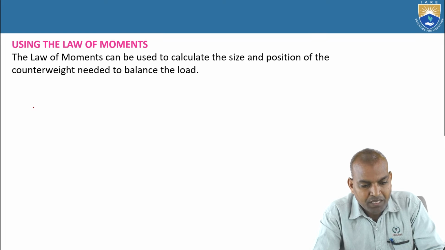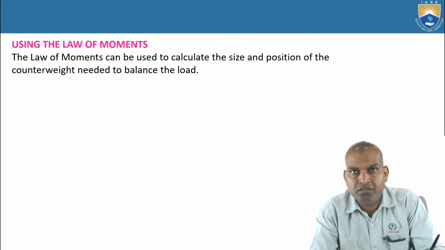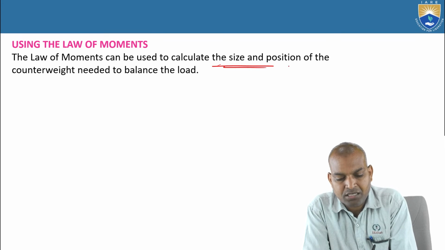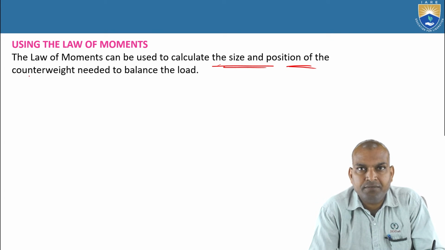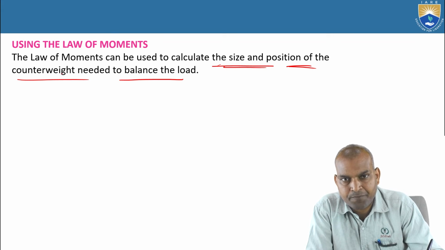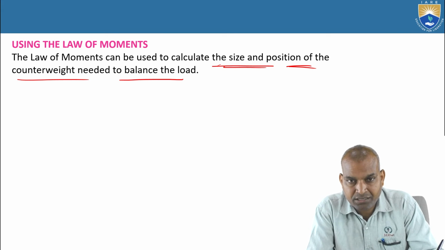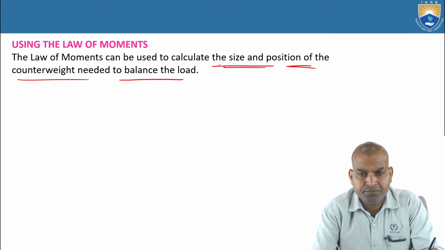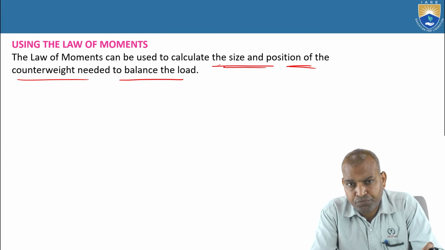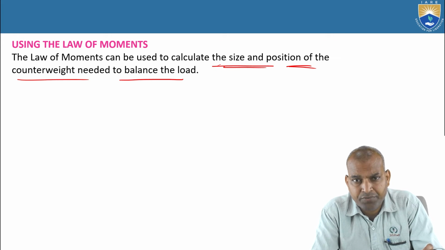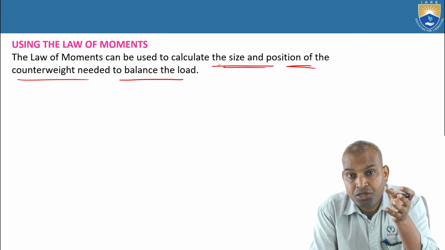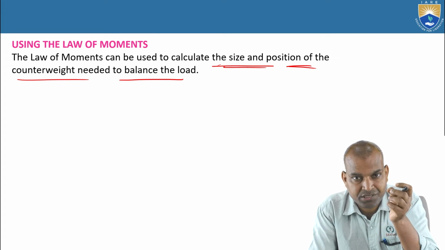Next, the law of moments. By using the law of moments we calculate the size and position of the counterweight needed to balance the load. That is the main concept of the law of moments. This concept is highly useful in finding the unbalanced forces of engines, multi-cylinder engines.